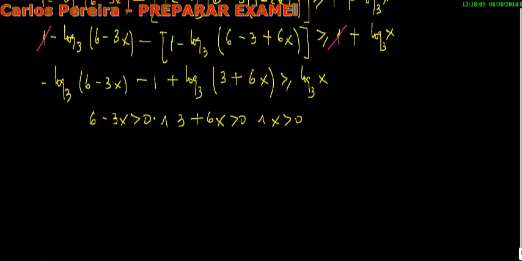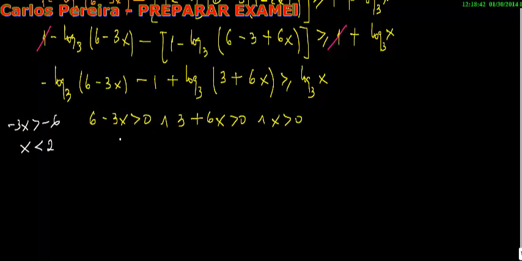So now I'm going to solve each one of these inequalities. For the first one, I'm going to make some calculations here at this corner: minus 3 times x greater than minus 6. So x must be less than minus 6 over minus 3, so it is the same as x less than 2. Is that okay for you?